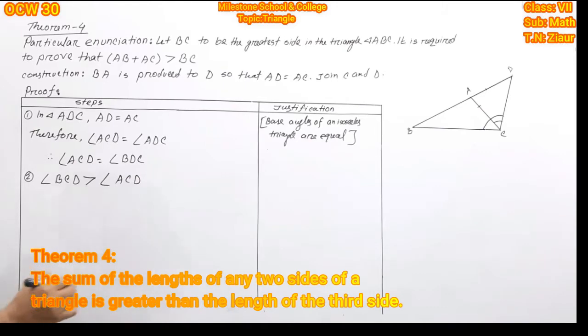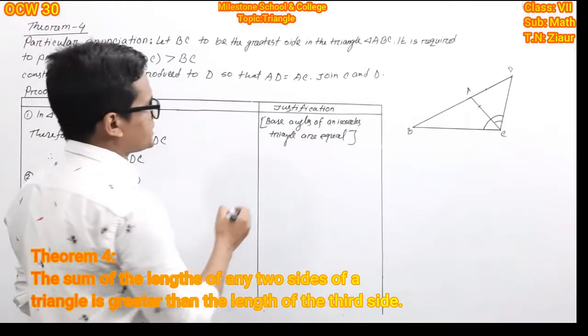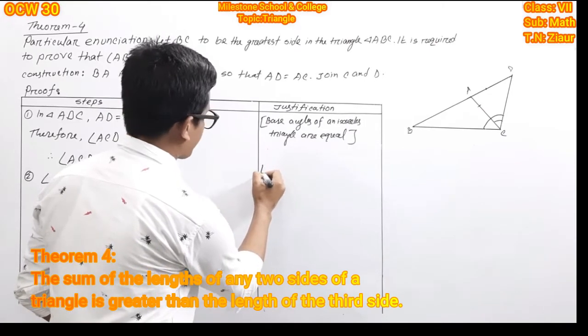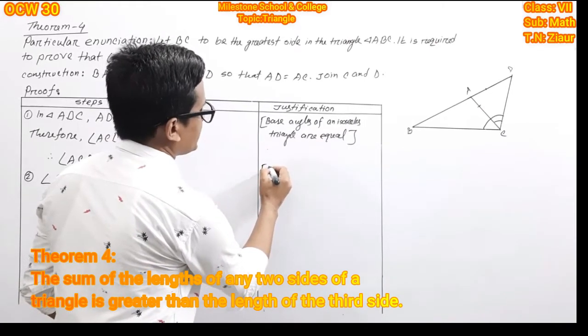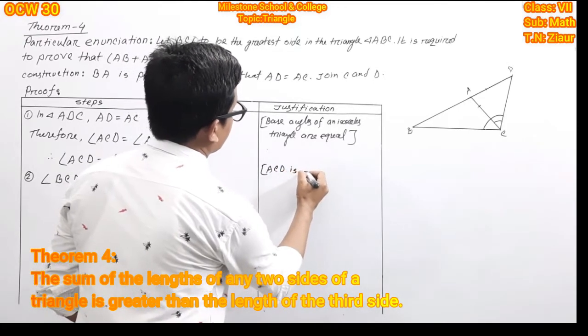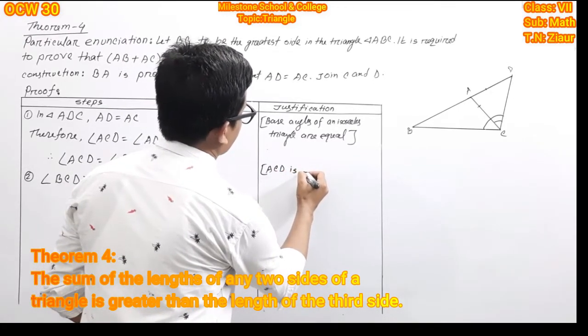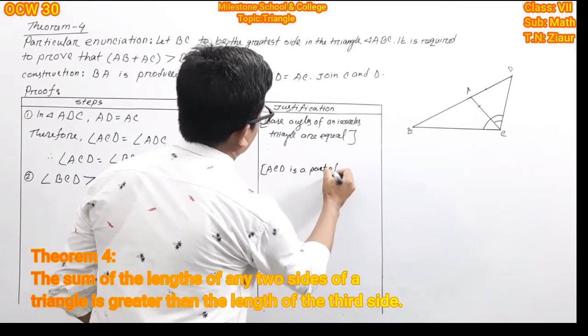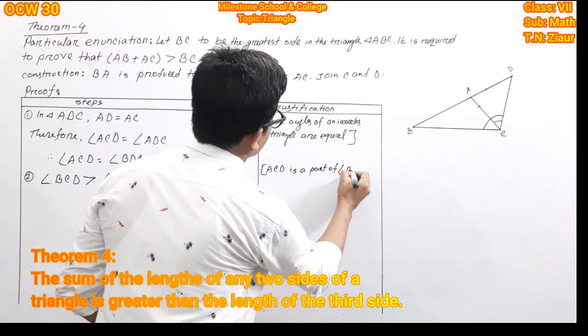Why? Because ACD is a part of BCD, right? ACD is a part of angle BCD.